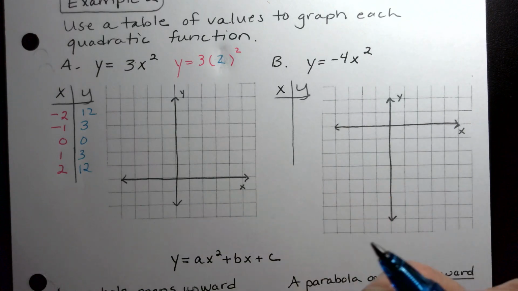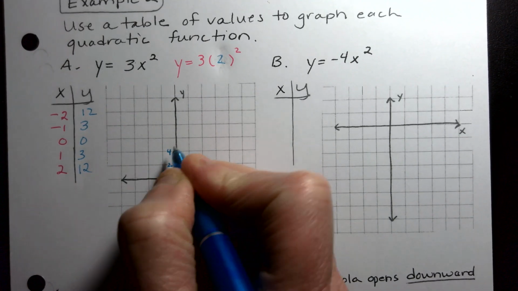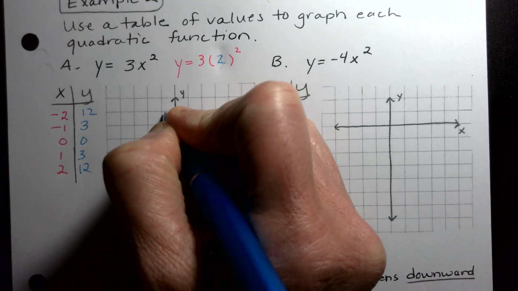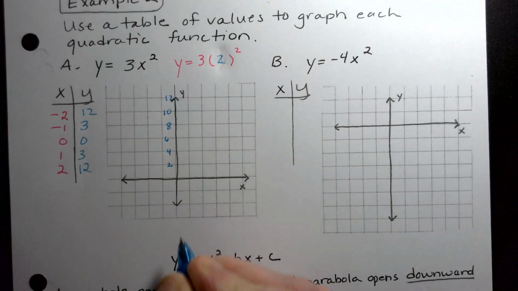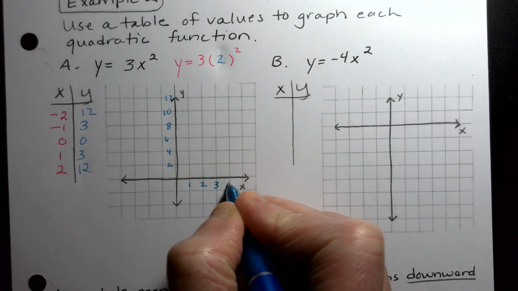So let's graph those. Obviously we're doing 12s here, so I'm not going to go by 1s. I'm going to go by 2s. 2, 4, 6, 8, 10, and 12 is the highest. These I'm still going to do 1, 2, 3, 4.